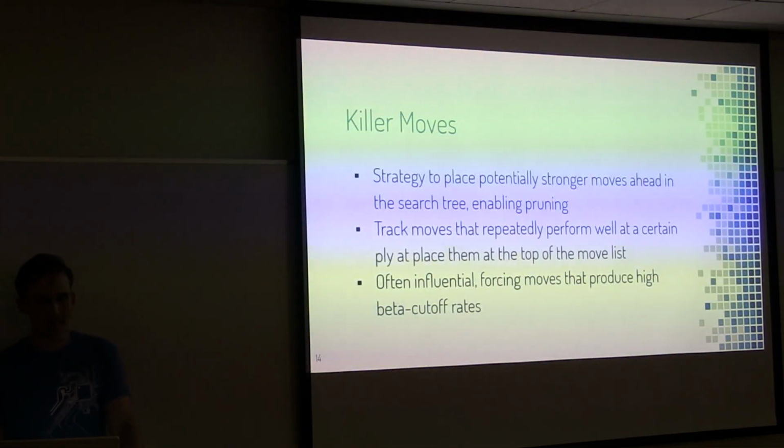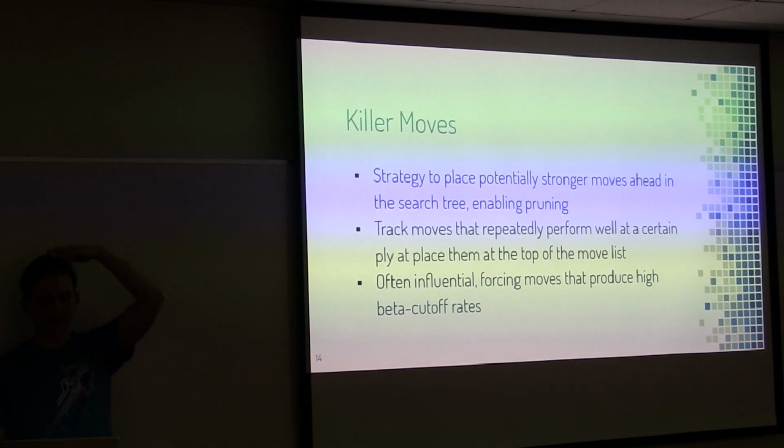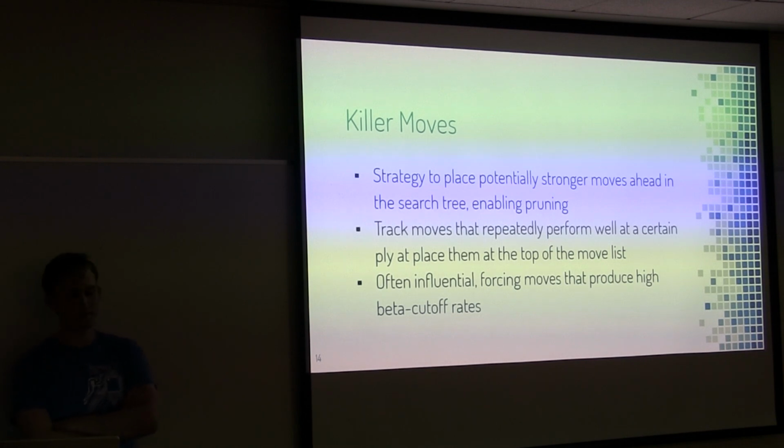But speaking of ways to find moves in the correct order to facilitate pruning, we have the concept of killer moves. Intuitively, you can think of this concept as forcing moves, or something that initiates a sequence. The general idea is to place strong moves ahead in the search tree. It's harder to do in practice for sure.